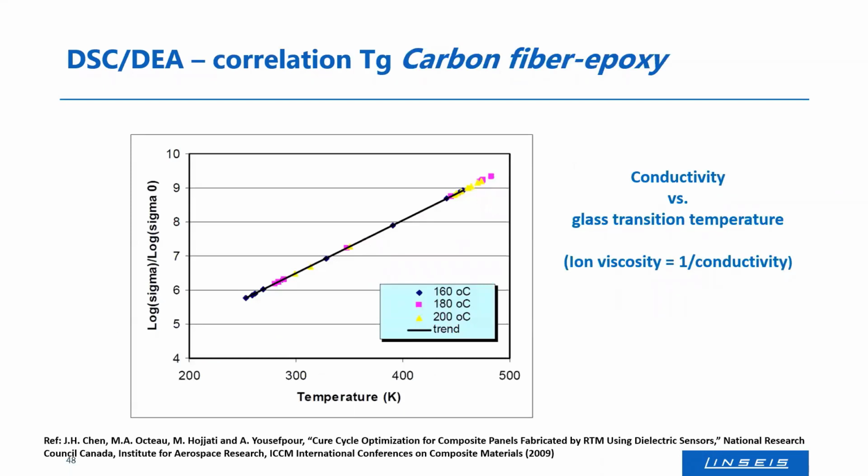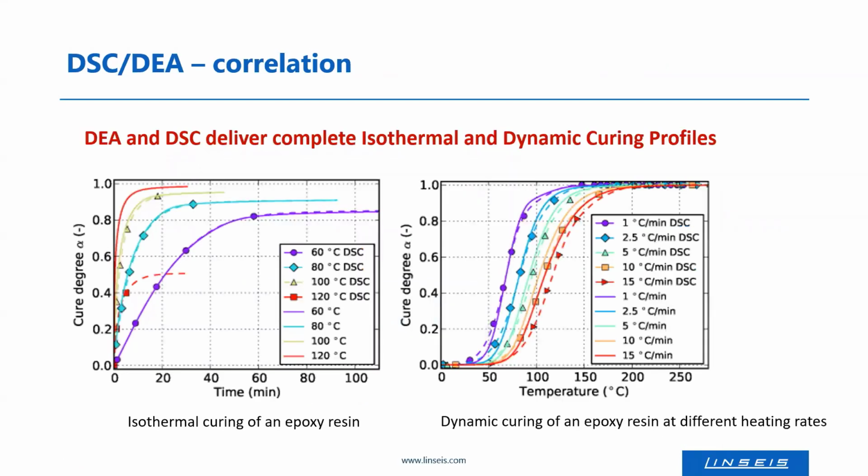You have also a direct proportional correlation between the glass transition here on the x-axis and the conductivity or ion viscosity on the y-axis. So it correlates perfectly, DSC and DEA. And it's possible with both techniques to characterize completely the curing.